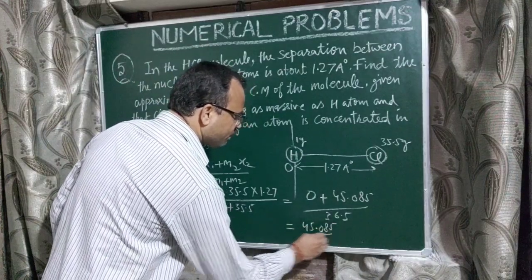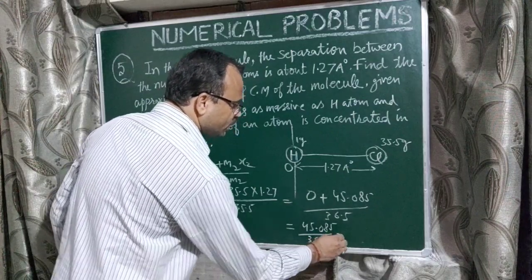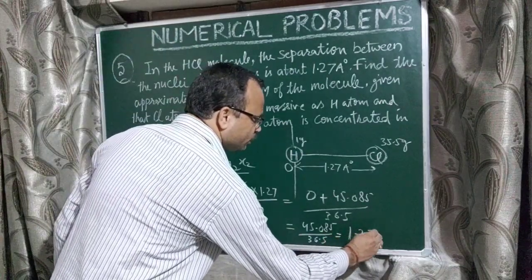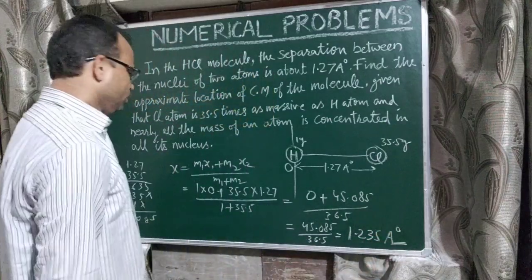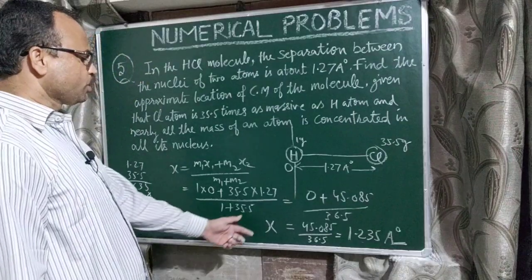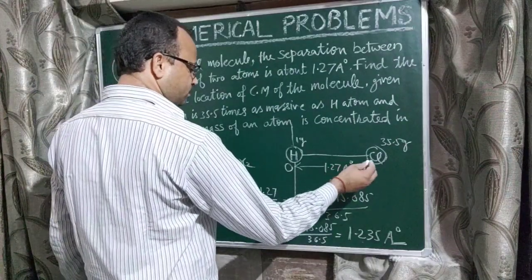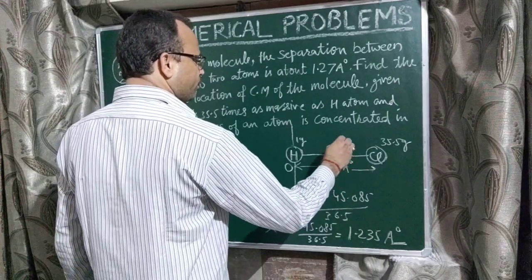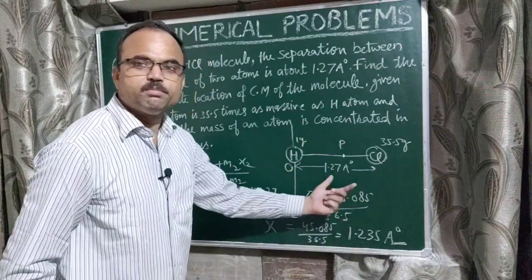On dividing these, we get 1.235 angstrom. So it is the position of the center of mass. It means the center of mass is here, suppose at point P, and its distance from the origin will be 1.235 angstrom.